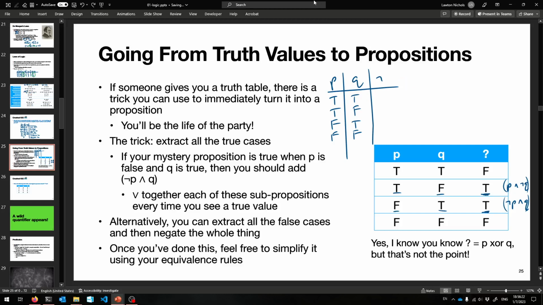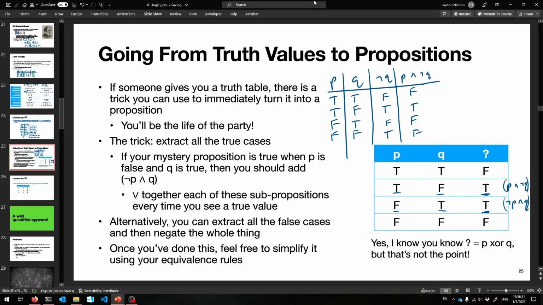Let's do not Q first, because that'll allow me to do this one, P and not Q. And then I'll show you something interesting that happens there. So here's not Q: false, true, false, true. And so this one now is true and false, false, true and true, true. And the rest are false.